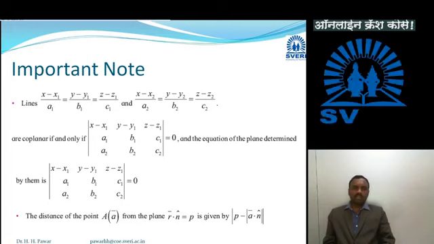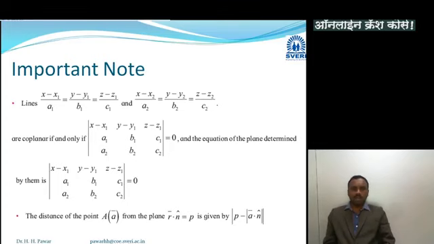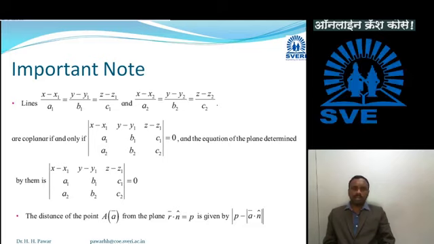Two lines (x minus x1) upon a1, (y minus y1) upon b1, (z minus z1) upon c1 and (x minus x2) upon a2, (y minus y2) upon b2, (z minus z2) upon c2 are coplanar if and only if the determinant with first row x2 minus x1, y2 minus y1, z2 minus z1, second row a1 b1 c1, third row a2 b2 c2 is equal to 0, and the equation of the plane determined by them is the determinant with rows x minus x1, y minus y1, z minus z1; a1 b1 c1; a2 b2 c2 equal to 0.